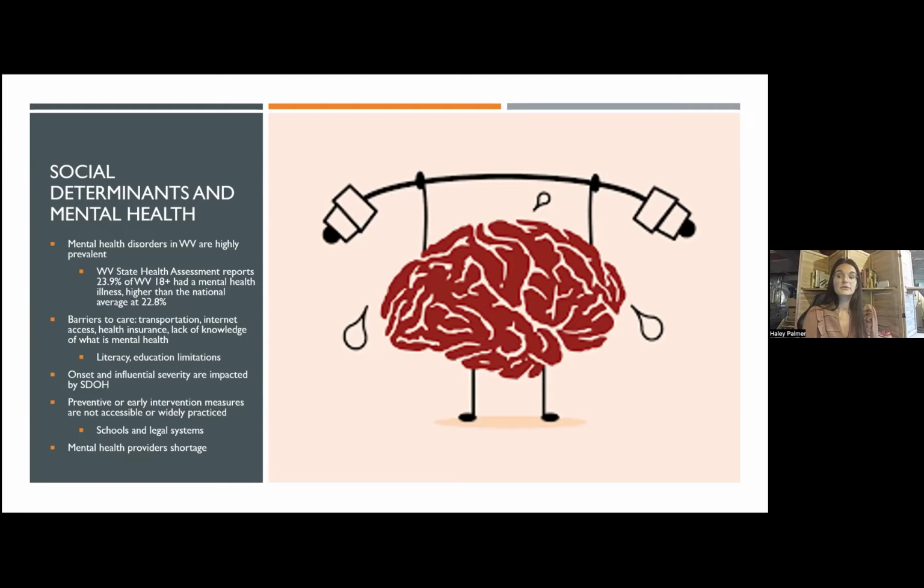Another difficult barrier when managing care in West Virginia is that preventive or early intervention measures are not easily accessible or widely practiced.